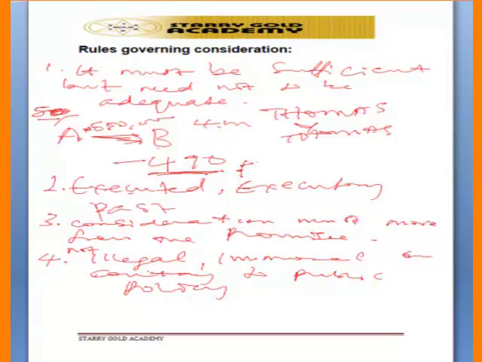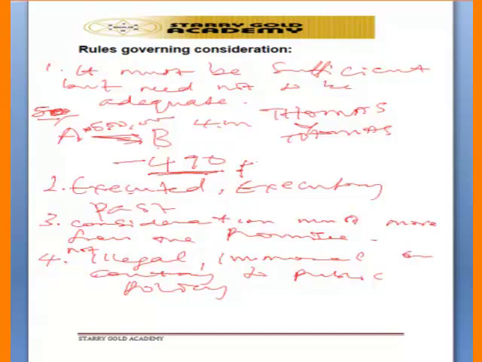Any consideration that the court will recognize must not be illegal and must not be immoral. Exchange of money for sex is an immoral consideration, so the court will not recognize that, and the court will not enforce such a contract. Anything contrary to public policy, the court will not recognize if any party is to give that as a consideration.